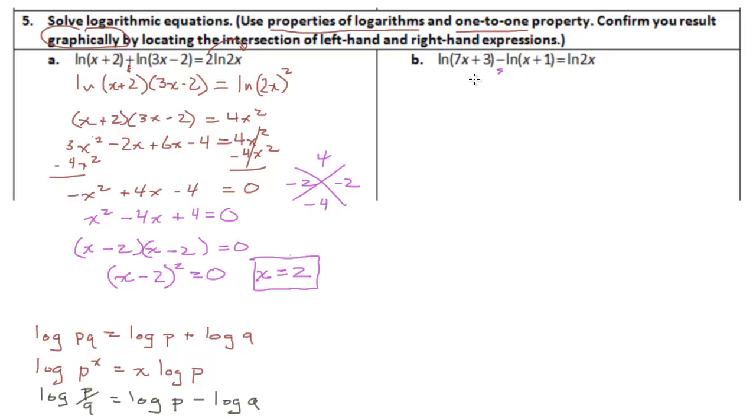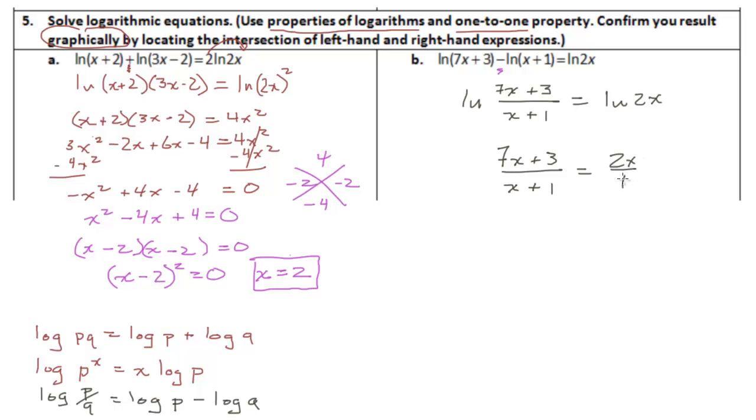Now this means that I can rewrite this expression as a rational expression. So on the left I have natural log of 7x plus 3 over x plus 1 equals natural log 2x. I have single log expressions on both sides. I can apply the one-to-one property and just solve with the arguments. So 7x plus 3 over x plus 1 has to equal 2x.